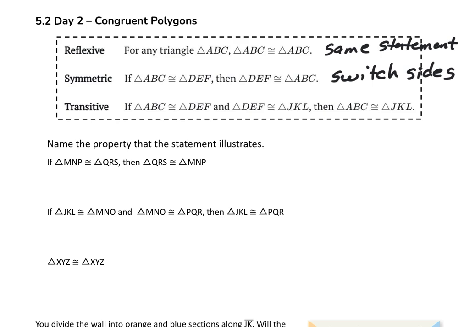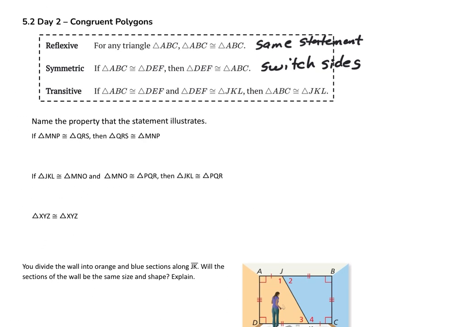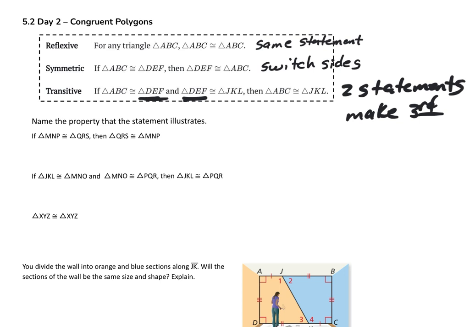Okay, transitive, we talked about this one early on. 2 statements together will make a third statement. So we're going to combine 2 statements to make a third statement. Those 2 statements that we start with have to have something in common. In this case, they're both congruent to DEF.